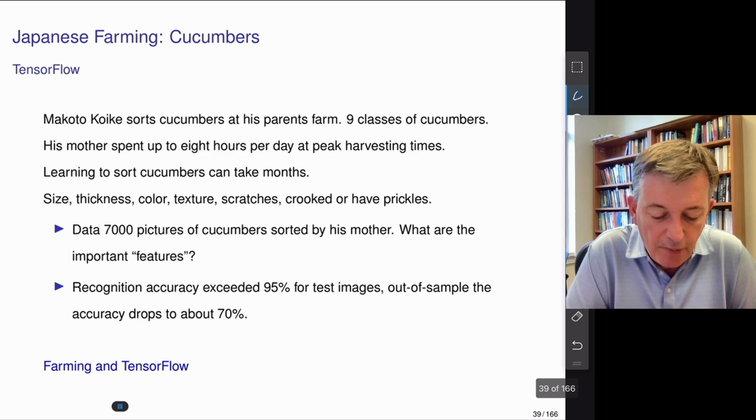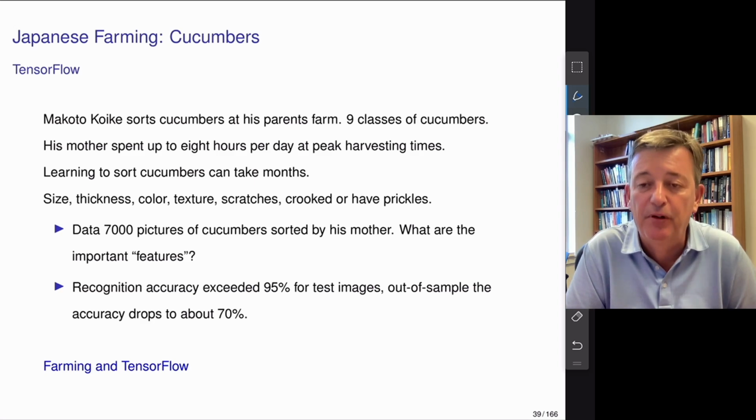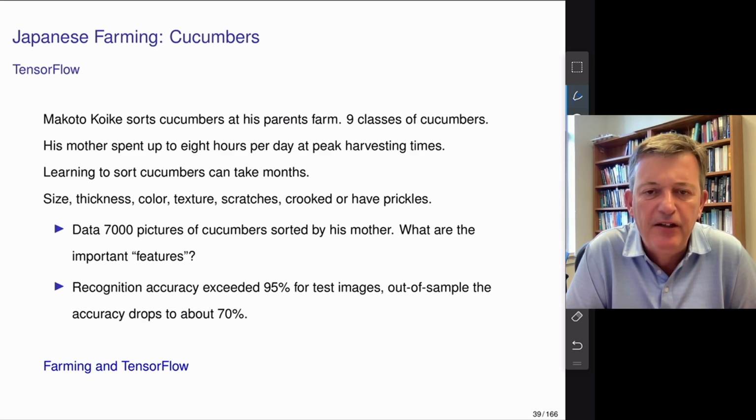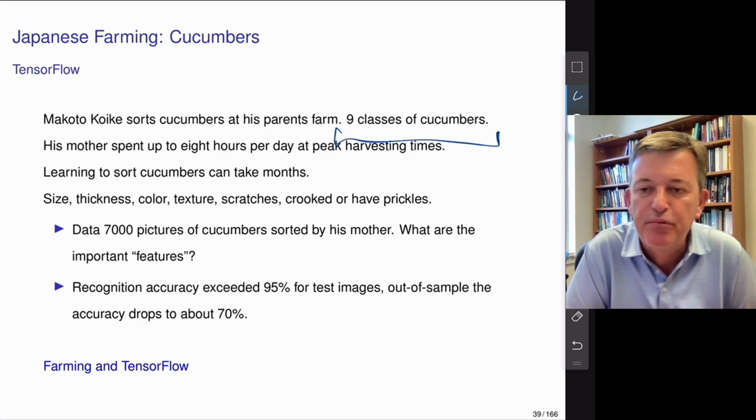you. I won't spend too much time on this one, but as I said, one of the famous examples, I think it's in the introduction to AIQ as well, is this Japanese farmer who replaced his mother by downloading TensorFlow and fitting a deep learning model to sort, I think, the 9 different types of cucumbers. So different prices for different qualities of cucumbers.